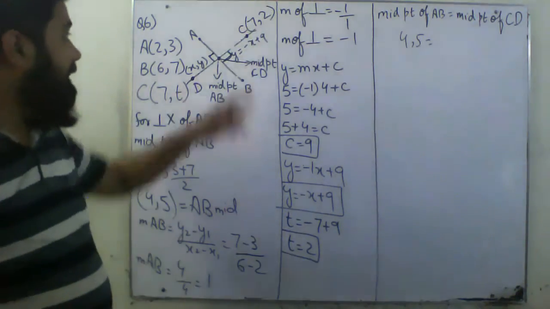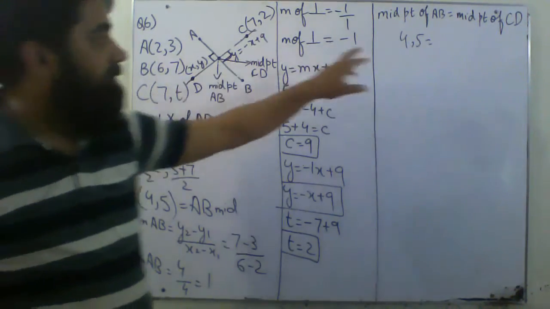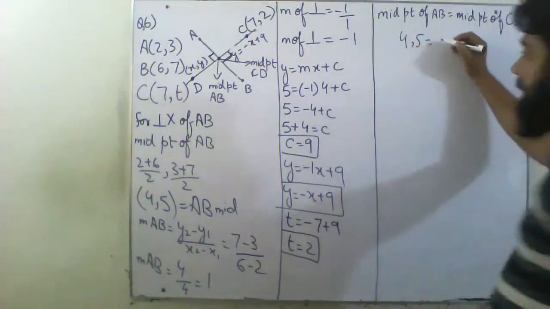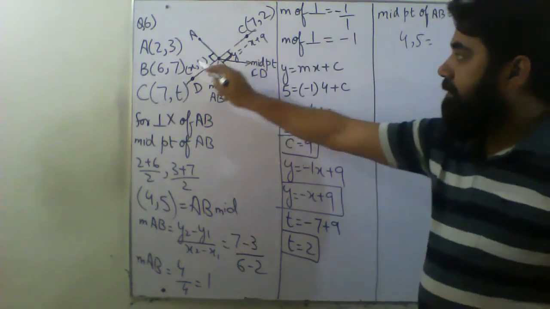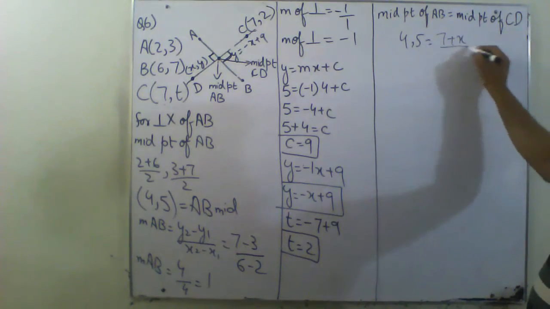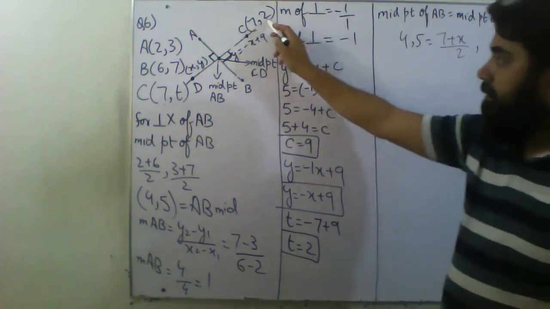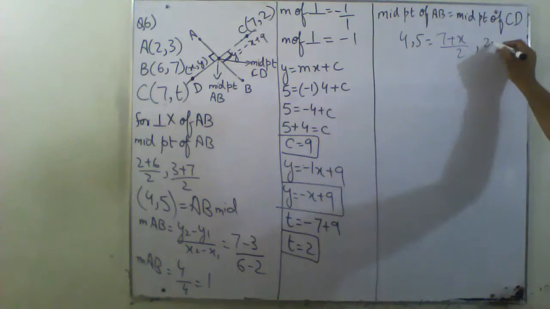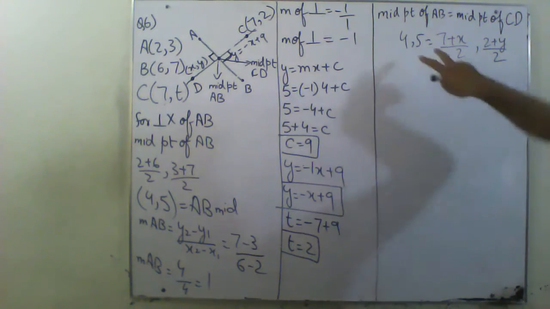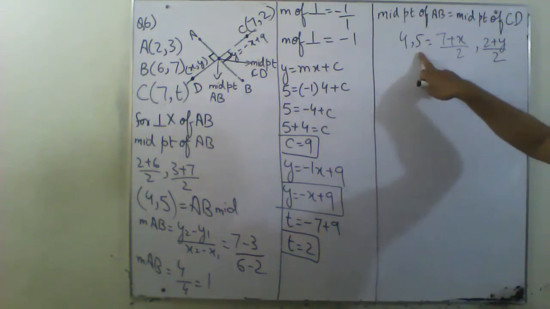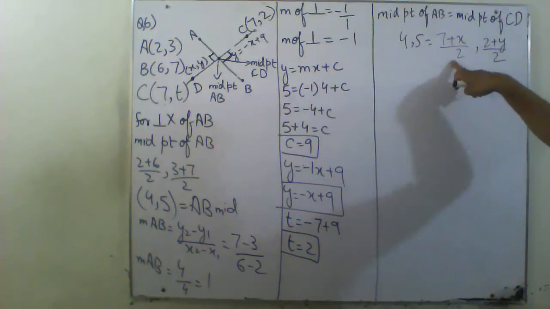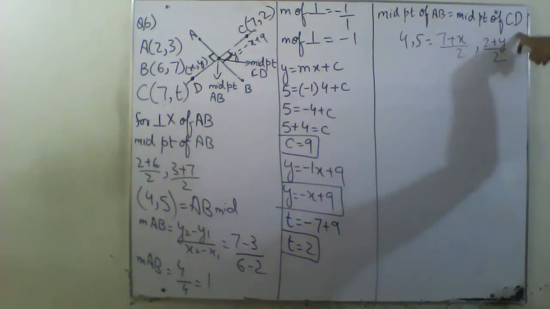So I will find the midpoint of CD and compare it with the midpoint of AB. For CD, (x1 plus x2) over 2, that is (7 plus x) over 2, and (2 plus y) over 2.